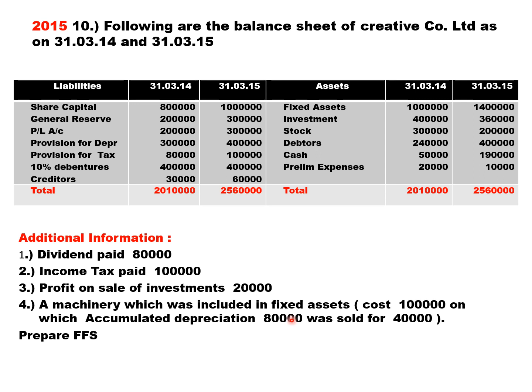Then you get WDV of 20,000, that is, 1 lakh minus depreciation 80,000. You get the written down value 20,000. Now the 20,000 machine is sold for 40,000. It is sold at a higher value. Then the extra 20,000 will be treated as profit on sale of machinery. So students, prepare the fund flow statement.